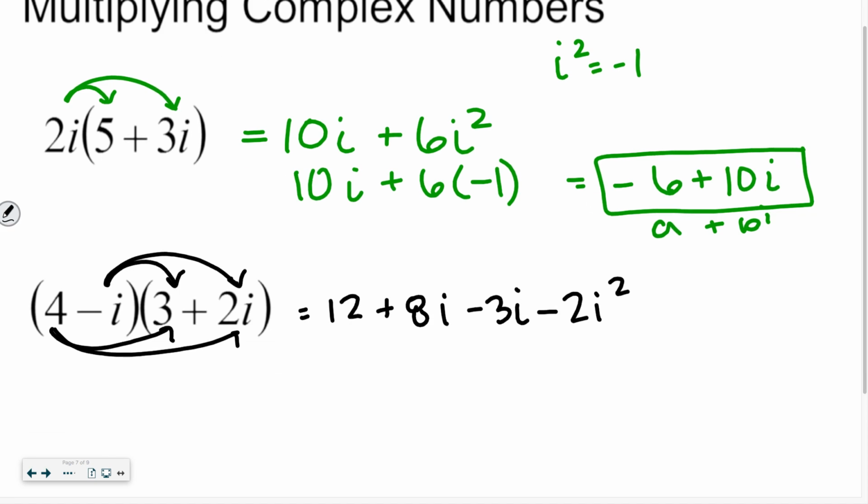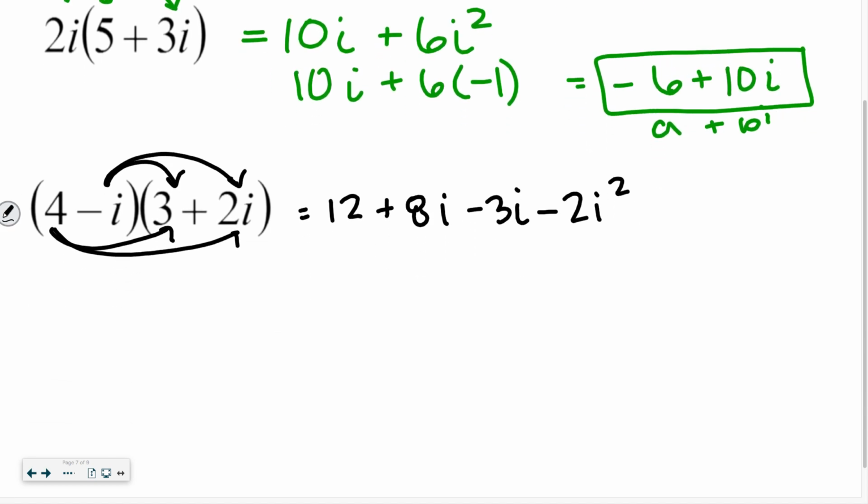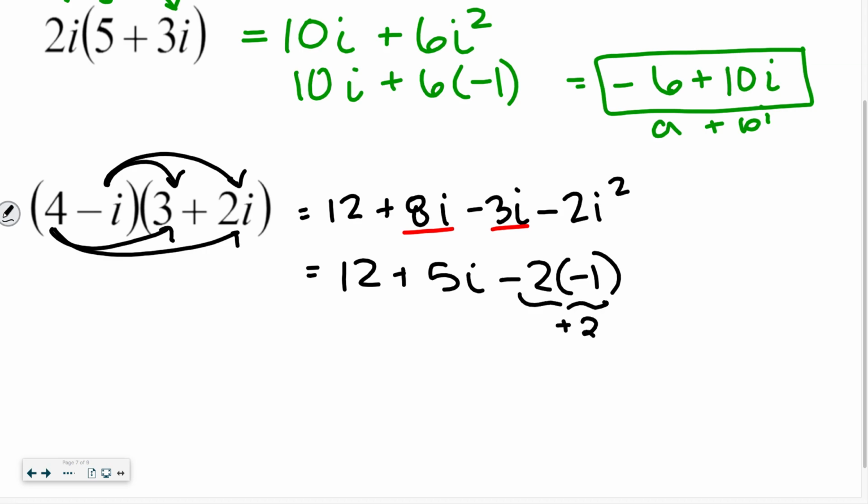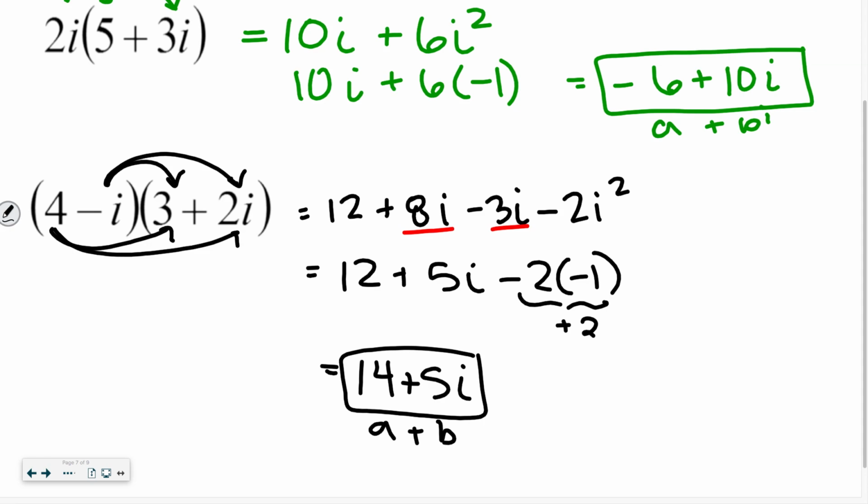Okay. I can combine my i's. 8 minus 3 is plus 5i. And then I have this minus 2 times i squared, but i squared is negative 1. So do you agree this is really plus 2? Yeah. Okay, so this is 14 plus 5i. But see how my answer always goes back to a plus bi in the end? I can always get it there.